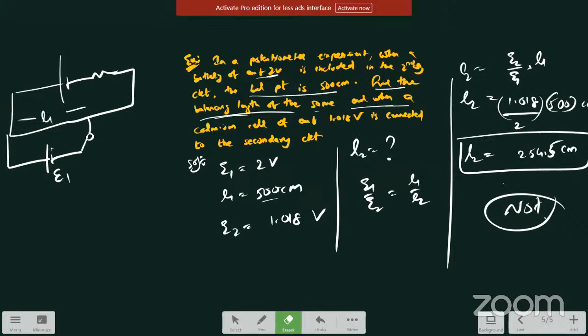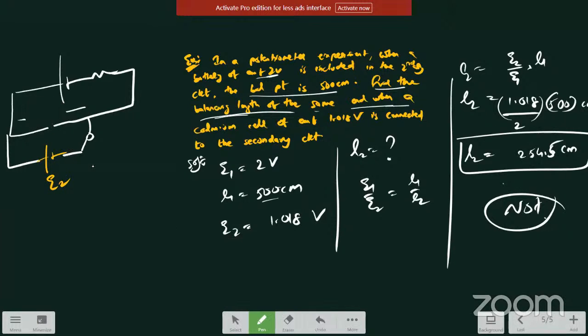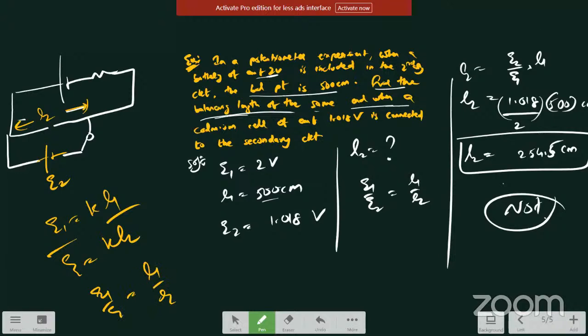Now I will remove this one and put another battery having EMF E2, and find the balancing length L2. If E1 is equal to KL1 and E2 is equal to KL2, I'll take their ratio and get E1 by E2 as L1 by L2. Got it?